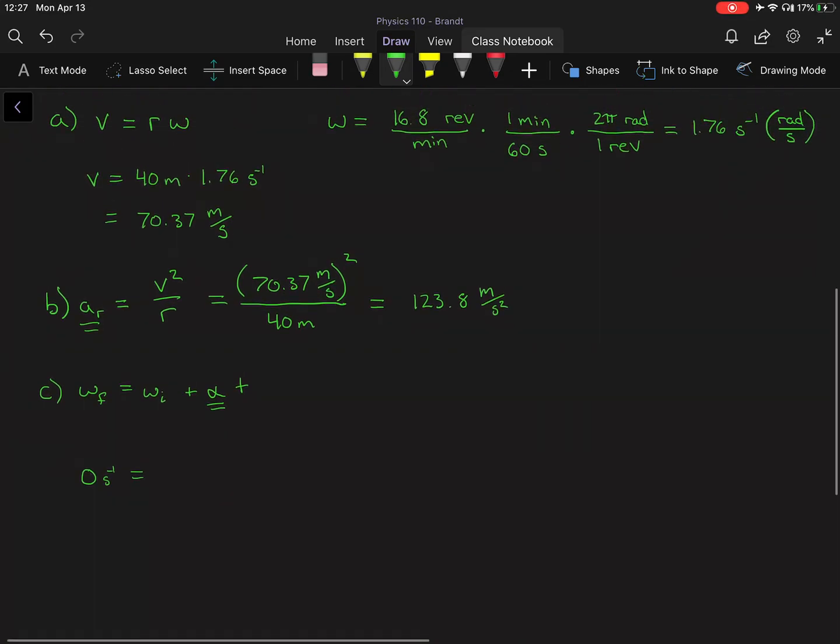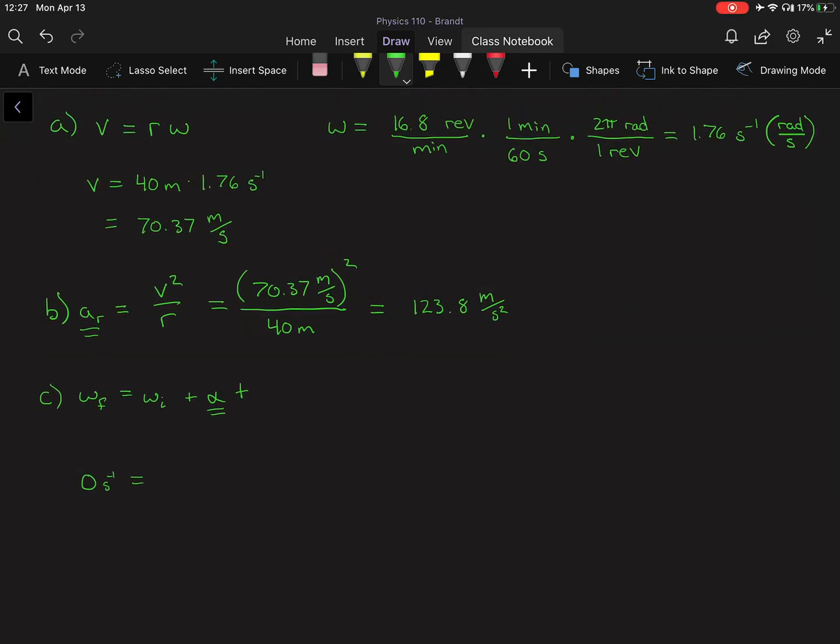We know our initial was at max speed, and we found that up here. So we have 1.76 radians per second plus our acceleration and 30 seconds. So if we solve that out, what we find is our angular acceleration is going to be negative 0.06 per second squared.